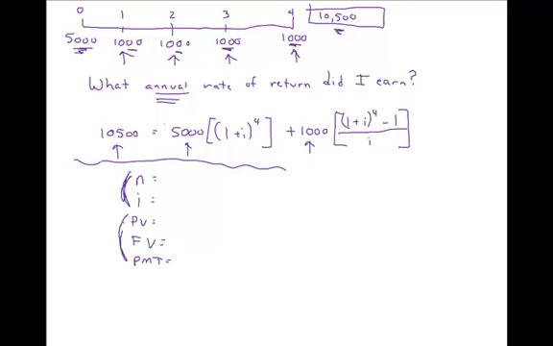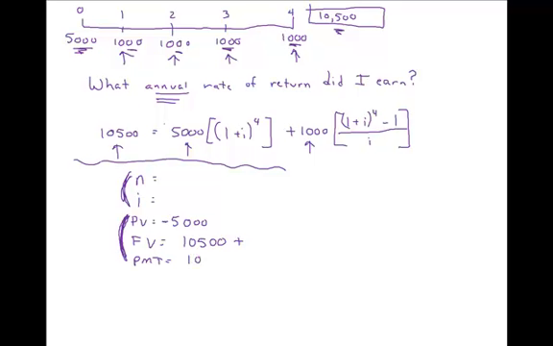Basically, down here, I have to group my cash flows by whether I'm contributing them or receiving them. The 10,500 is a future value, and it's an amount I received, so I would say that it's an inflow to me. The 5,000 is an amount that I contributed, so it's an outflow.